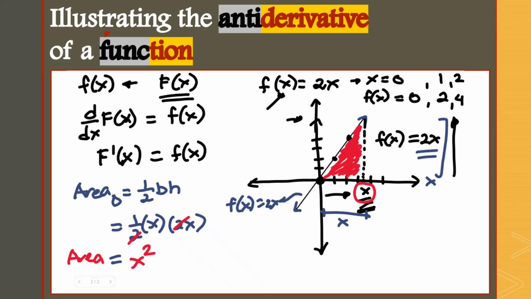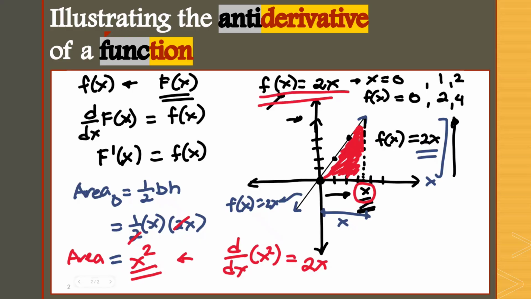So this is the area of this region here. But take note, if this is considered as any function and we take the derivative of that with respect to x, we will actually get 2x, which is the original given function. This can be represented by f of x, and this stands for the antiderivative of the given function here.